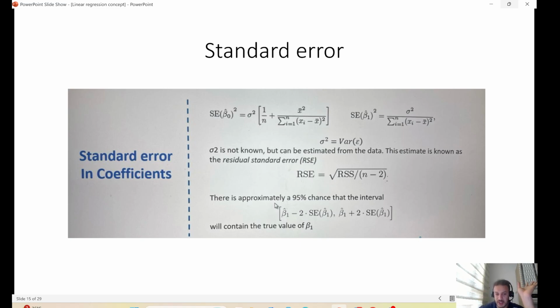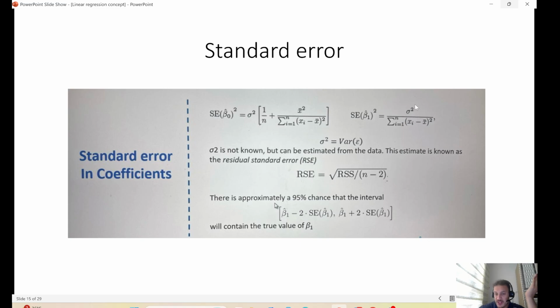It's just for explanation. So sigma squared is not known, but we can estimate it from the data. This estimate is known as the residual standard error, RSE. Because we don't know what sigma squared is, we substitute it with the RSE, the residual standard error, which is equal to RSS, the residual sum of squares, divided by n, the number of samples, minus 2.